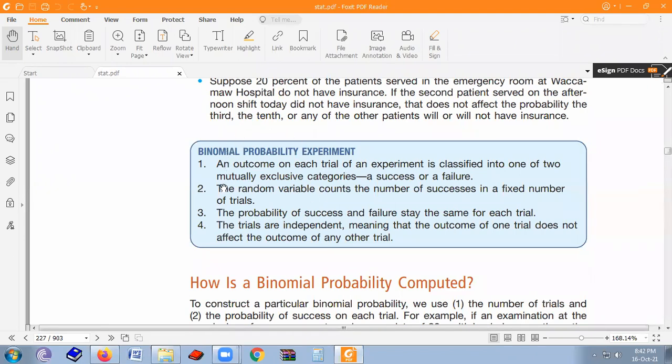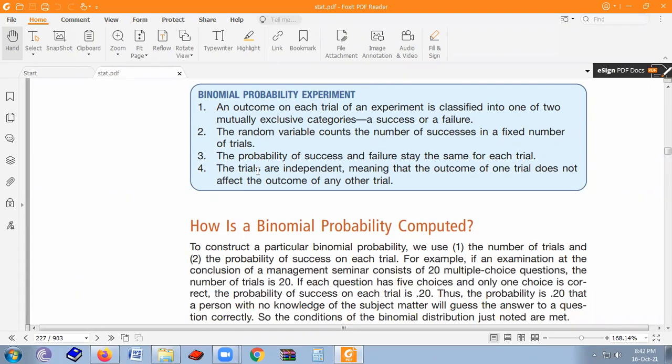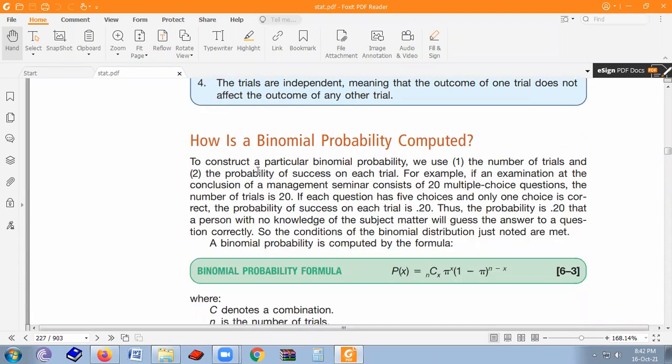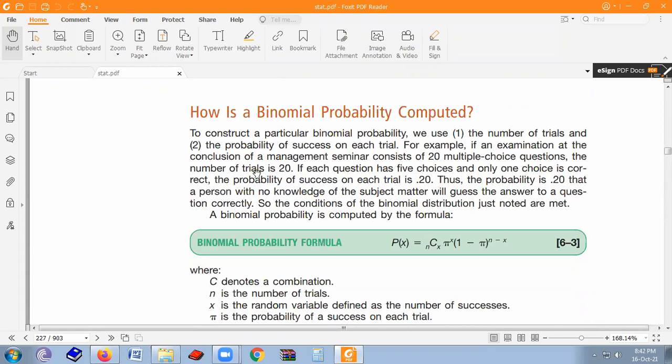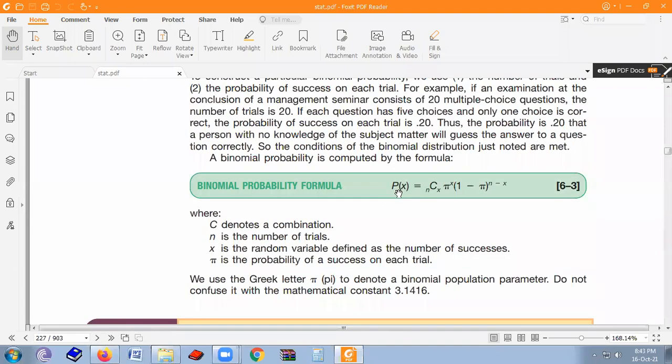So this is the theory for this chapter. Then we go for finding probability from a binomial probability distribution. So how will we find probability? So this is the formula for finding binomial probability. Binomial probability formula. So this is probability of x equal to nCx by 2 to the power x and 1 minus by 2 to the power n minus x.